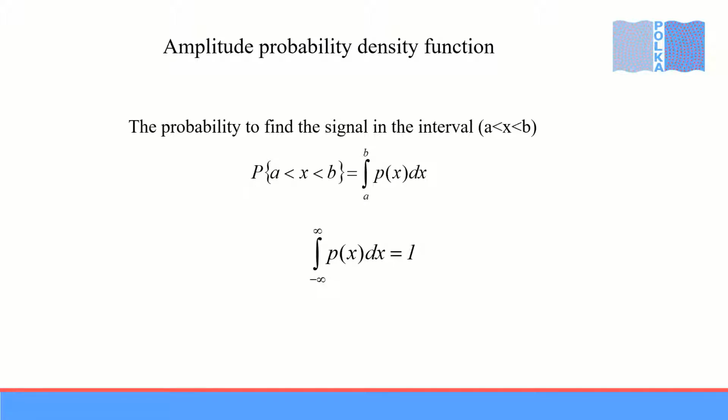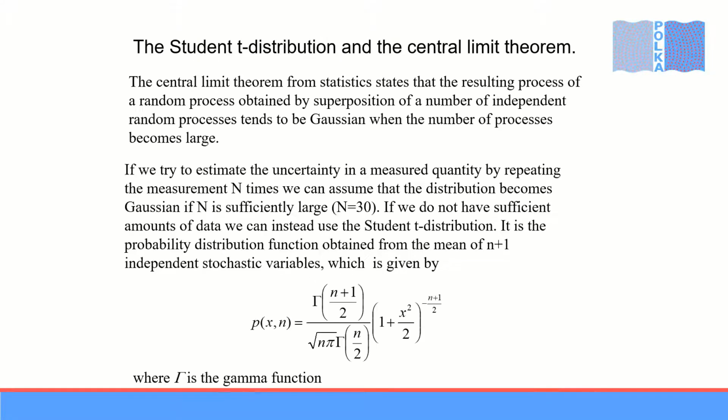So that will tell us basically the probability that we will get a certain amplitude value, for instance. And as you know, we very often assume Gaussian or normal distribution.